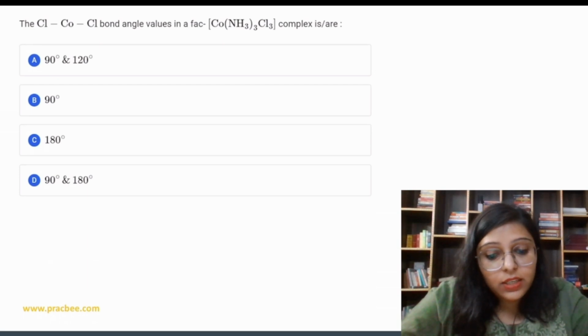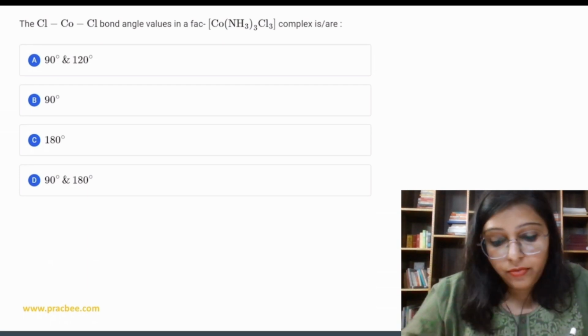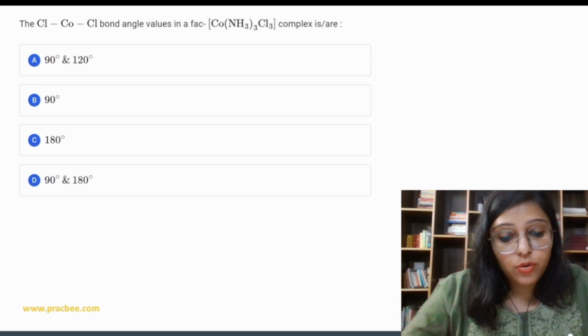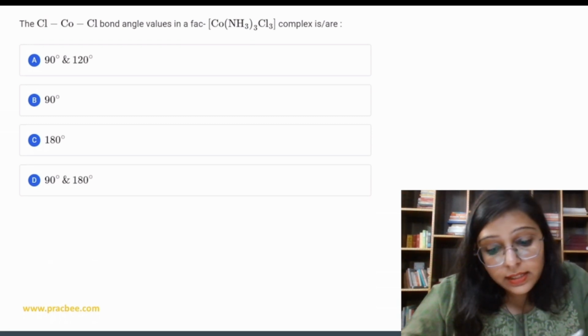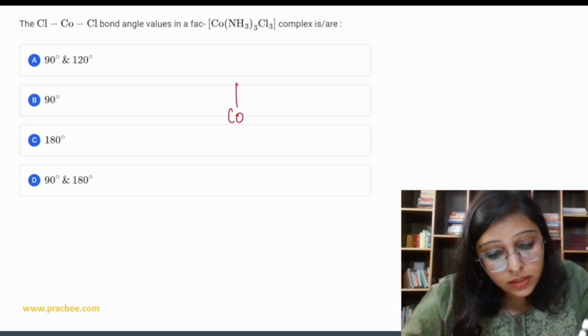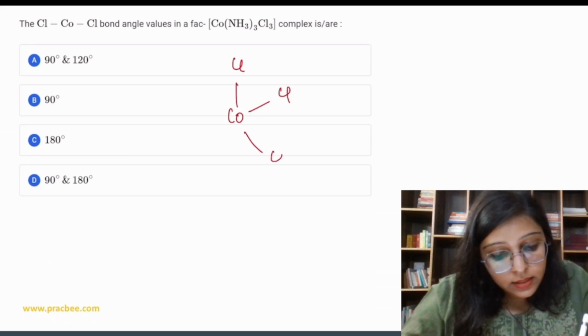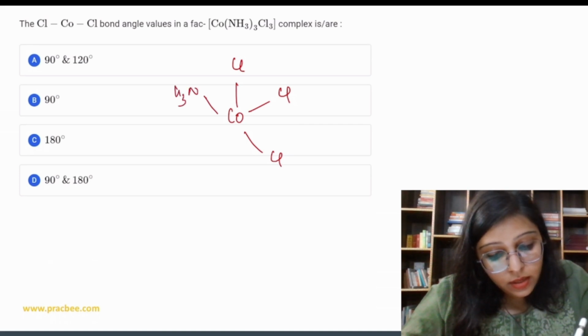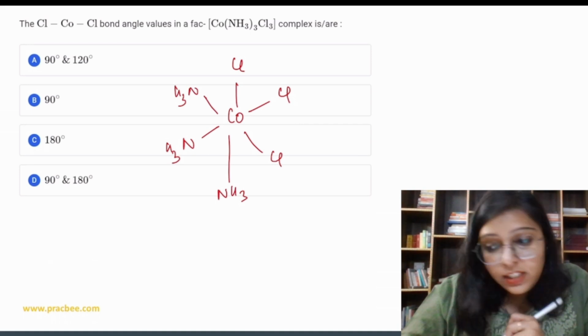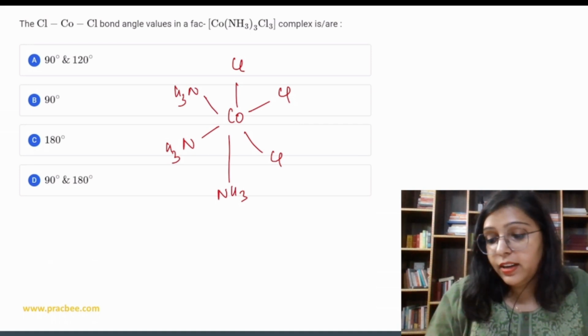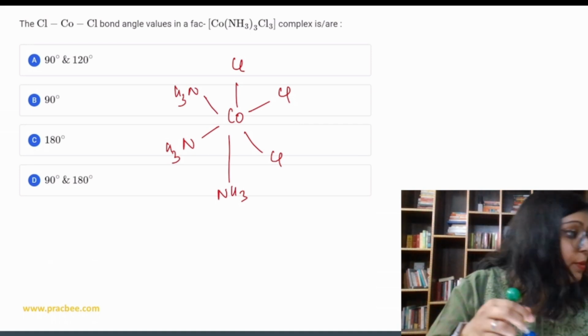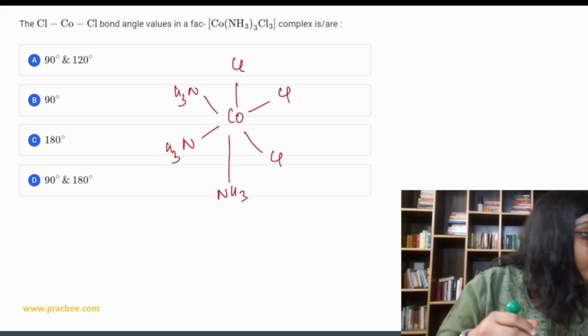The Cl-Co-Cl bond angle in a fac-[Co(NH3)3Cl3] complex is R. So this is Cl, Cl, Cl, and we have NH3 and here we have NH3. So Co, Cl, right? Just try to understand by this.